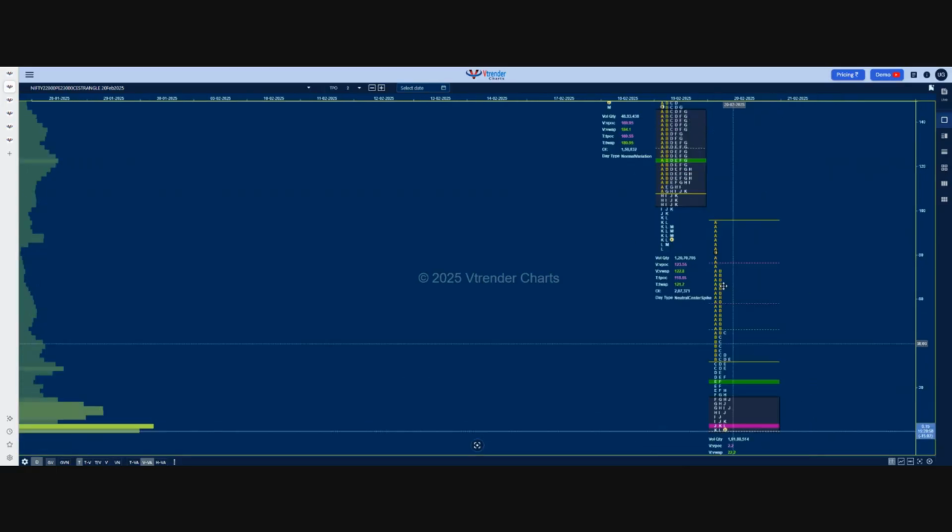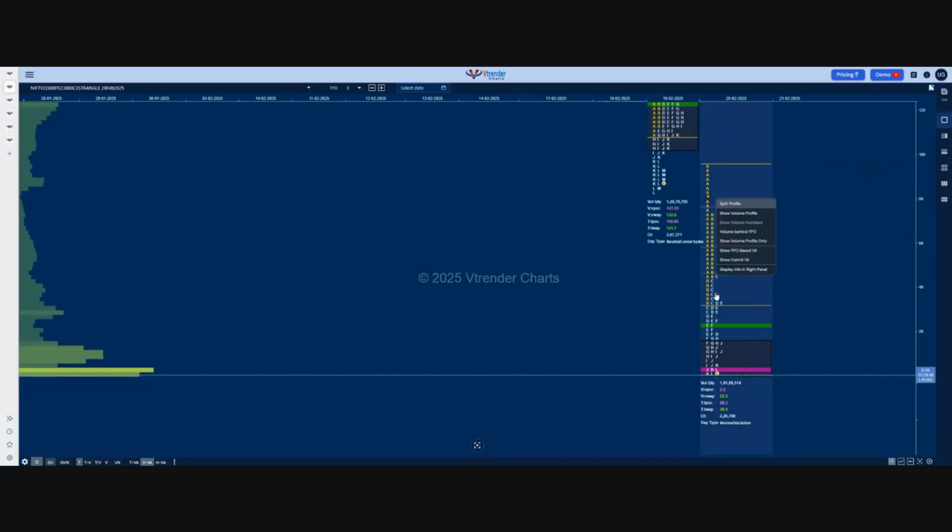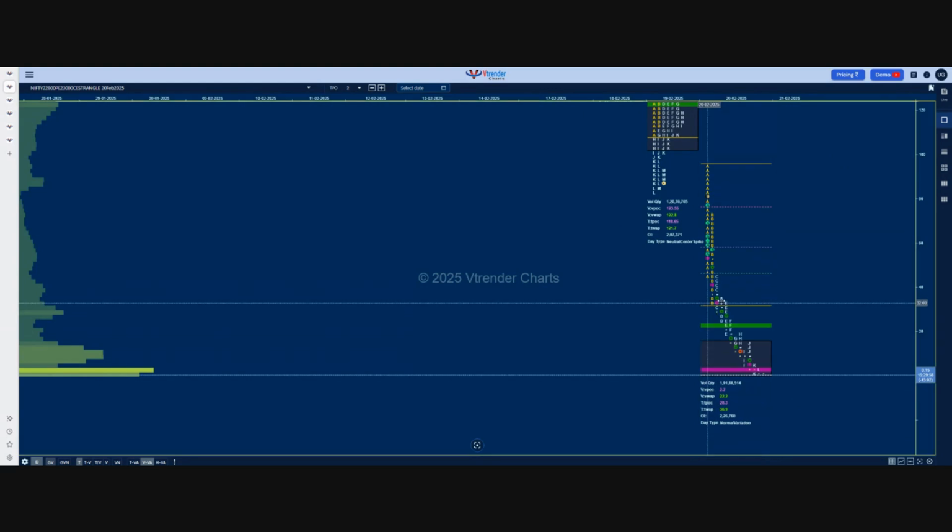And today again, after this initiative selling tail in the D period, if you want to go short in this strangle, your stop loss would be the selling tail of the morning.